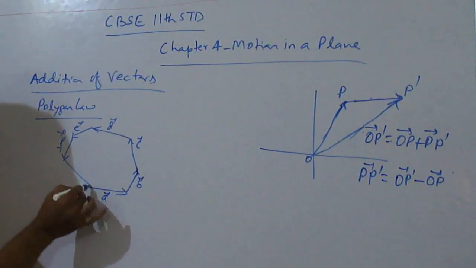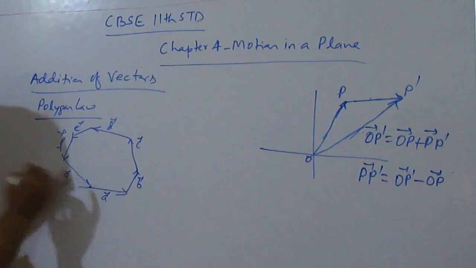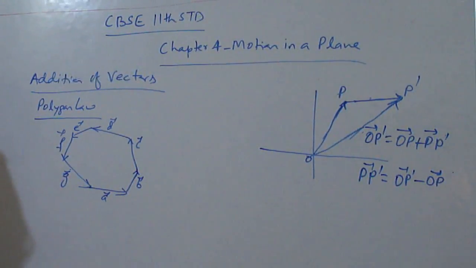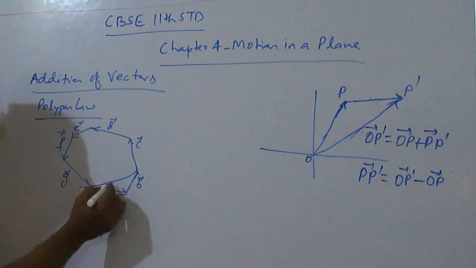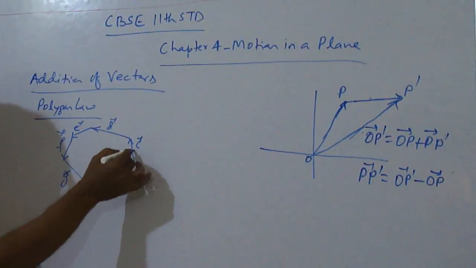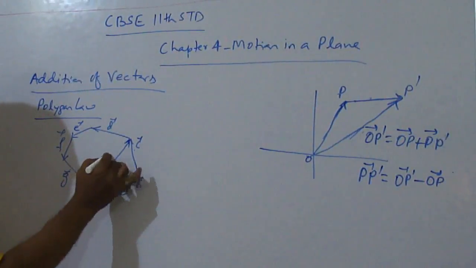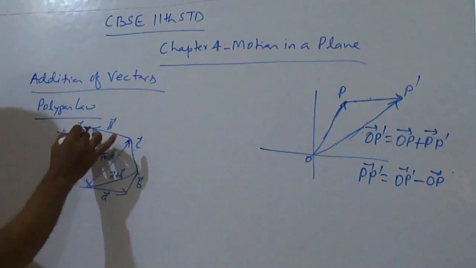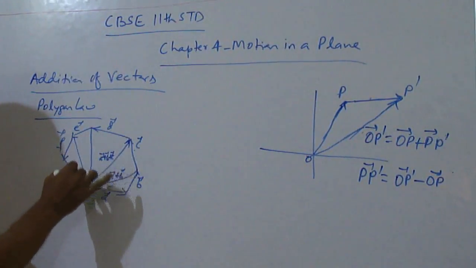Then we need to find the sum of the vectors. When you go for A plus B, you get this. Now A plus B plus C, yes or no? Then this will give you A plus B plus C plus D.